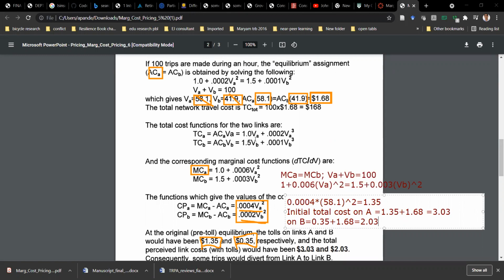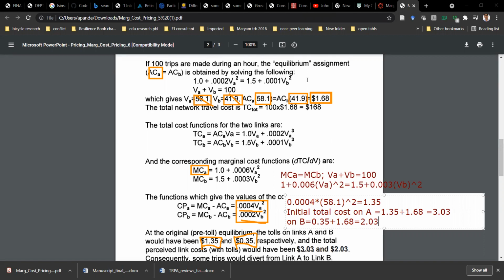So drivers, as a rational driver, I will switch to route B, and people will switch to route B. A lot of people will switch to route B because the total cost is much lower on route B at the beginning. And then more volume or more demand will shift to route B. And what would that do? Yes.